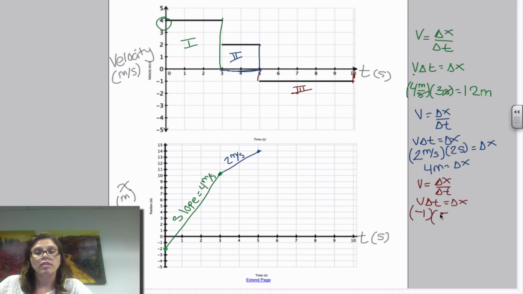The time is 5 seconds. So we have -5 meters as our delta x. So we are at 14, and we're going to go backwards 5 meters, which will bring us down to 9 meters at 10 seconds.